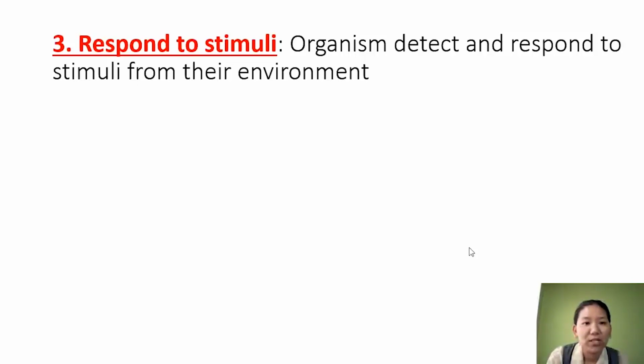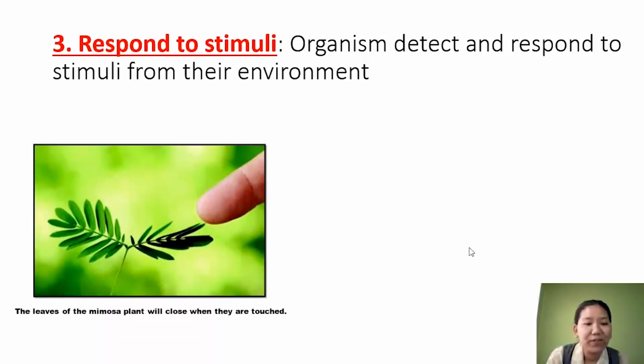Let us look at some examples here. You might have seen this plant, Mimosa pudica, and if you touch it, the leaf will fold. So the plant responds to the stimulus, that is our touch. The folding of the leaf because of human touch is the response to stimuli.